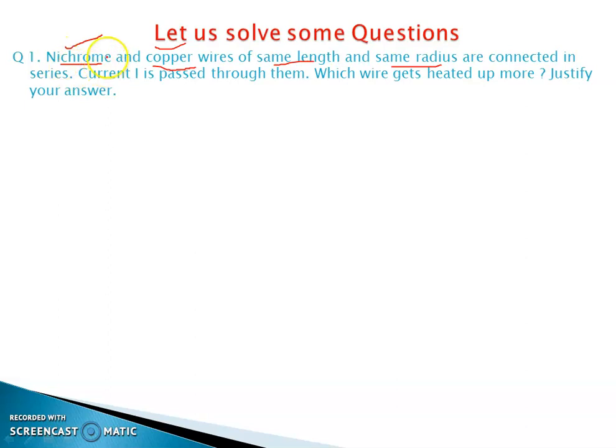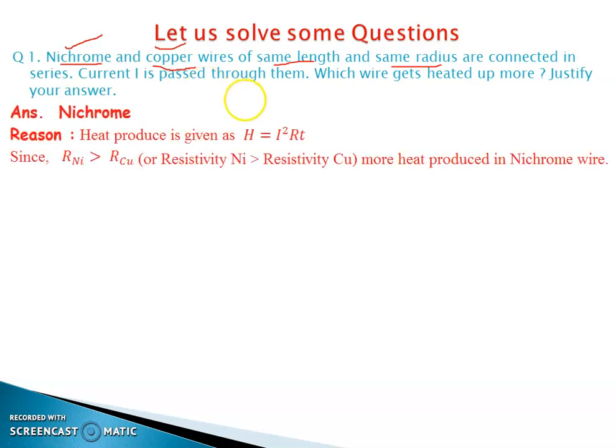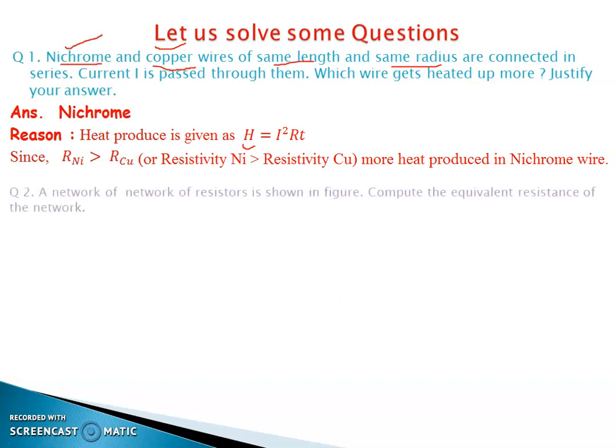So the resistance of nichrome is greater than the resistance of copper. If the same current flows through these two wires, since the resistance of nichrome is higher than the resistance of copper, it means heat dissipation is greater in the nichrome wire. So this is the solution of this question, right?